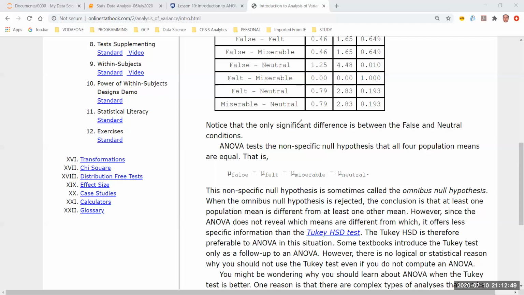So mu of A, the average production out of factory A, is exactly similar to what we have in B, is exactly similar to what we have in C. So mu of A is equal to mu of B is equal to mu of C, right? This is the way I can represent the null hypothesis.